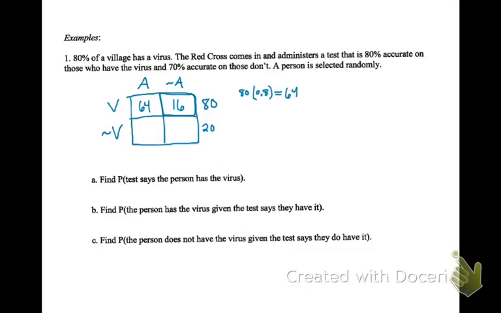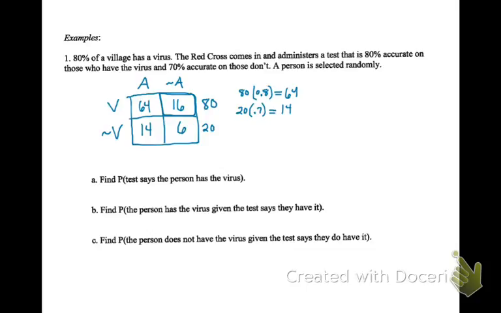So if I take those who don't have the virus, which is the 20%, and multiply it by the 0.70, that gives me 14. So 14% of the total population that don't have the virus have accurate results. And to fill out that row, we have a total of 6% who don't have the virus and the test is not accurate.